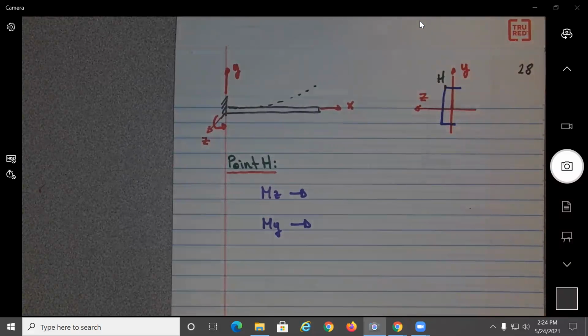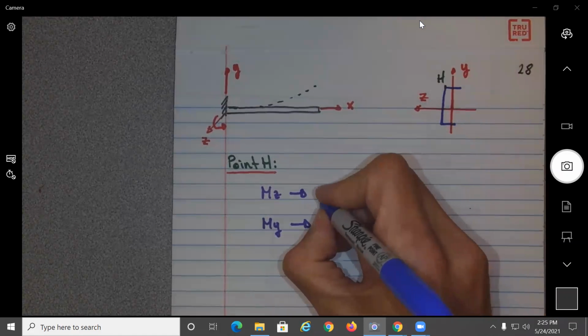So if it's bending that way, will H be in tension or compression? H is the top. It will be in compression, no? So this will give us compression here.